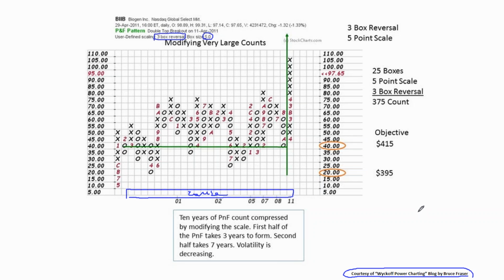Now, most people aren't going to do 10-year point and figure charts. Most people are going to be focused on 1-point reversal, 1-box reversal, 3-box reversal, and they're going to be looking at daily and weekly time frames. I get that. The point that I want to make is how robust horizontal point and figure counting can be, because this is a remarkably long time period.